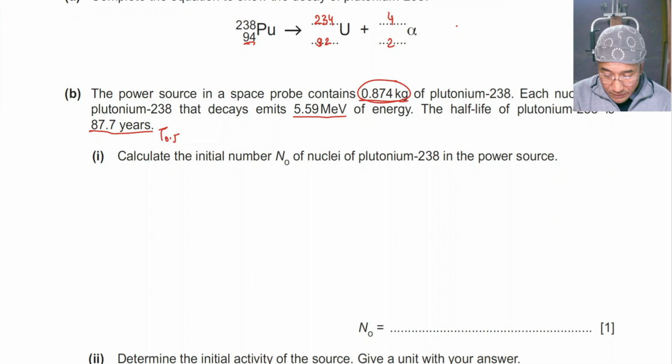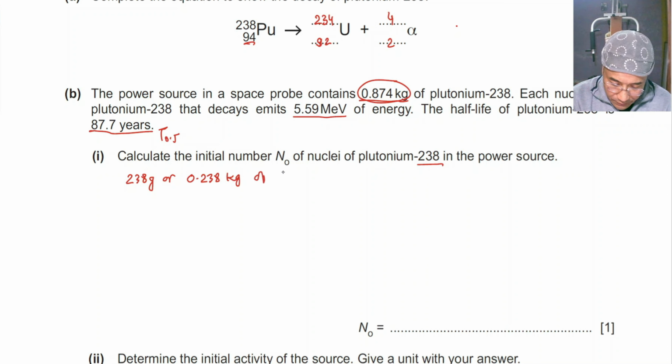What we need to remember is, if it is plutonium-238, we must have 238 gram or 0.238 kg of this plutonium, written as Pu, containing 6.02 into 10 to the power 23 atoms, which is the Avogadro number.